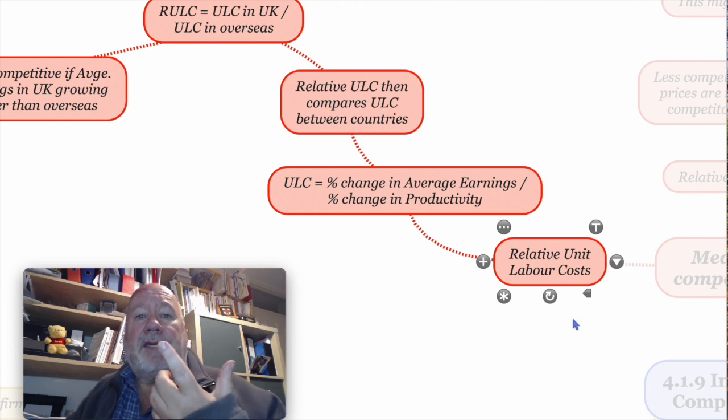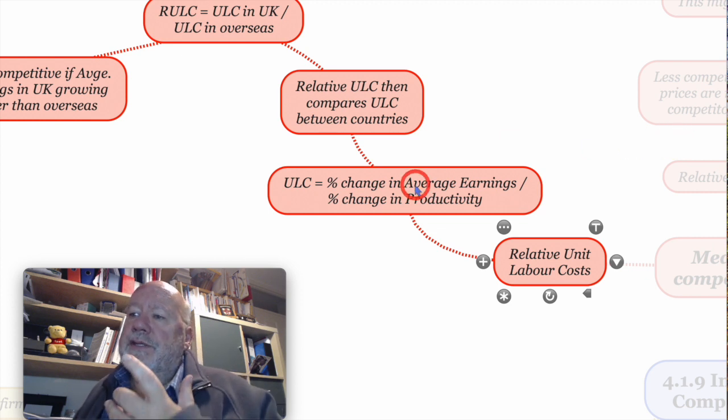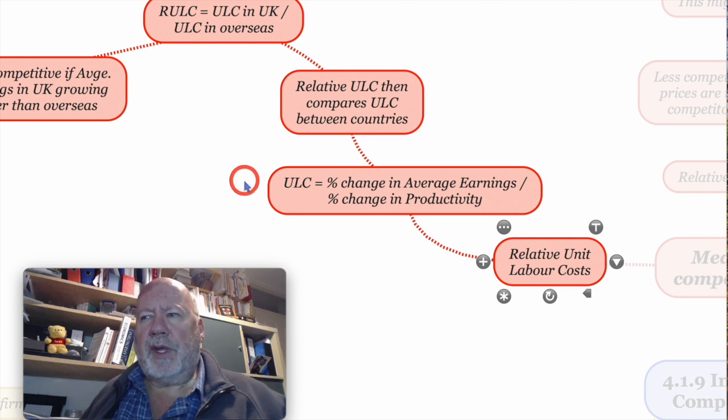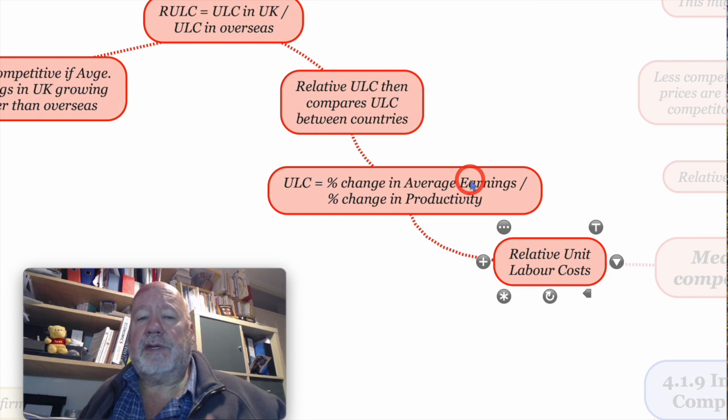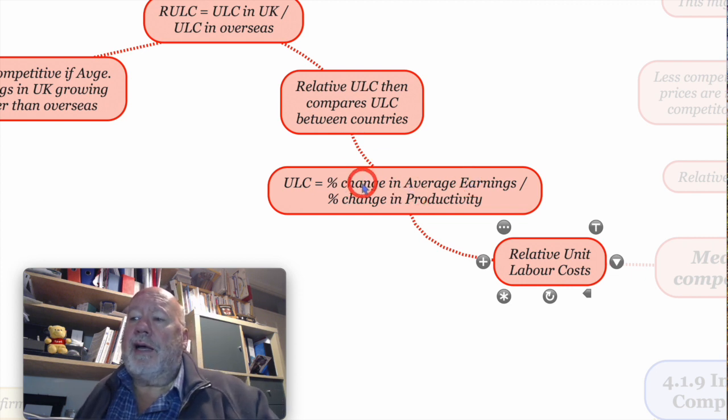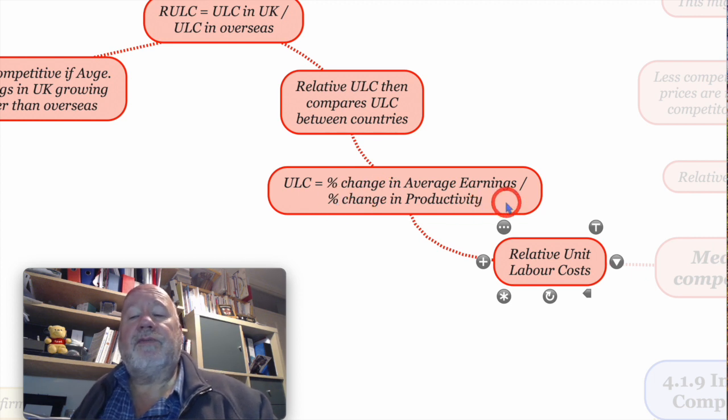productivity and average cost. And it's the same for the macroeconomy, where economists try to find a percentage change in the average earnings. So they look at the change in average earnings and divide it by the change in productivity.